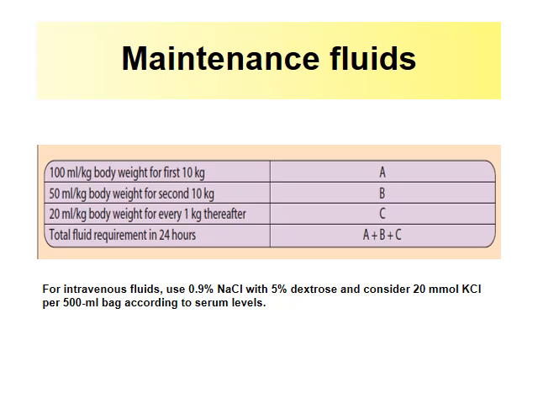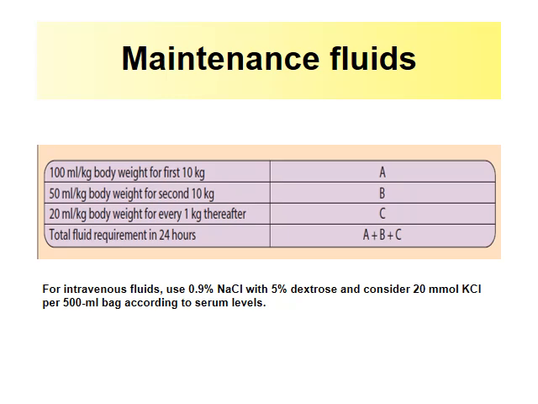We can also add 20 millimolar potassium chloride for every 500 ml, or we usually use 40 millimole potassium chloride for each liter, provided that the patient is passing urine.